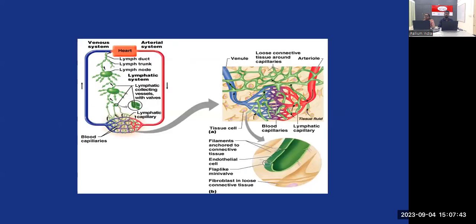As I mentioned earlier, wherever the venous capillaries and the lymphatic capillaries communicate, there is a small leakage of fluid into the interstitial space. You can see the greenish color, that is the lymphatic fluid. Wherever the lymphatic fluid leaks, the lymphatic capillaries will absorb it from the interstitial space.